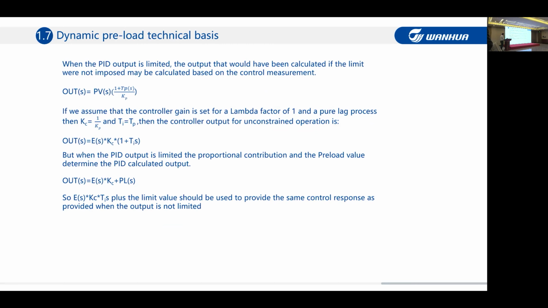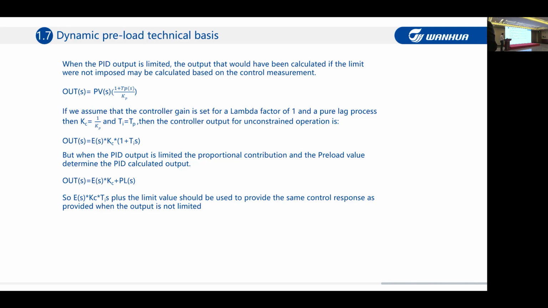When the PID output is limited, the output that would have been calculated if the limit were not imposed may be calculated this way. This is the imaginary, or ideal, output if the limit is not applied, based on the current PV value.